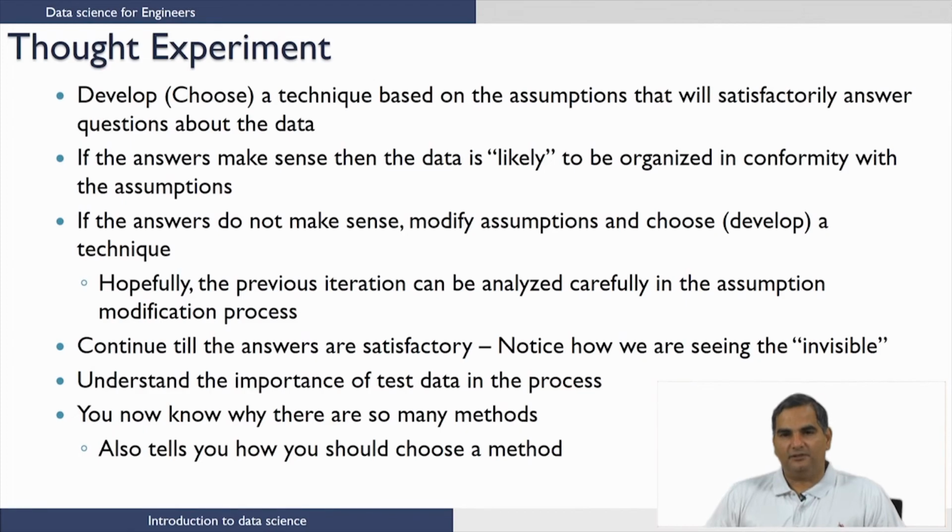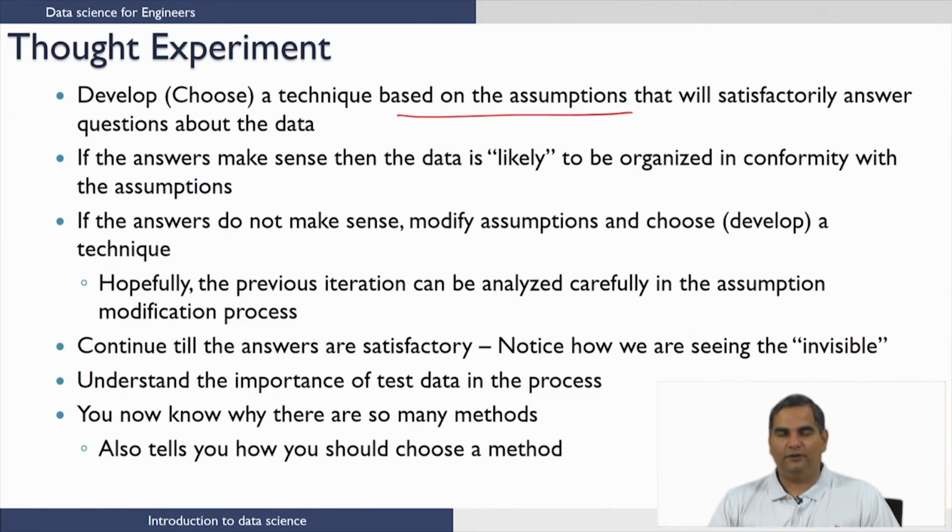based on the assumptions, and this technique should have been proven to solve problems where these assumptions have been made. So, in other words, let us say if you make the assumption that the problem is linearly classifiable, then you really want to pick a technique which has been shown to theoretically work very well for linearly separable problems.